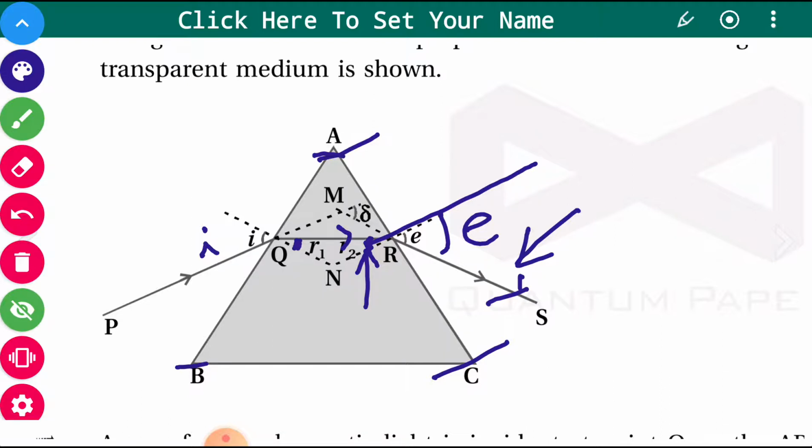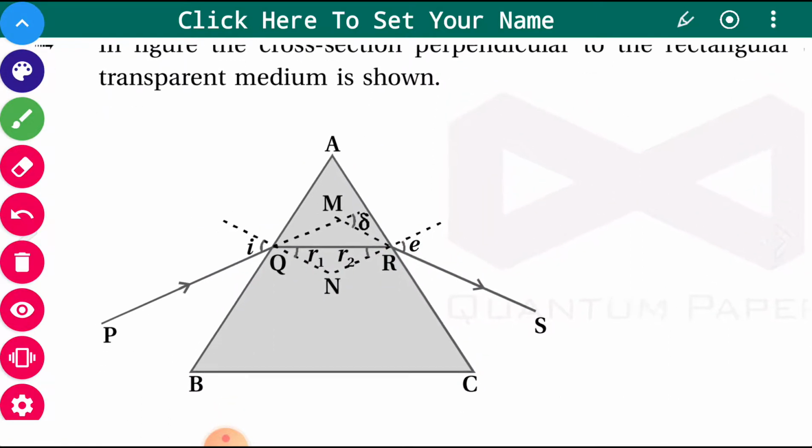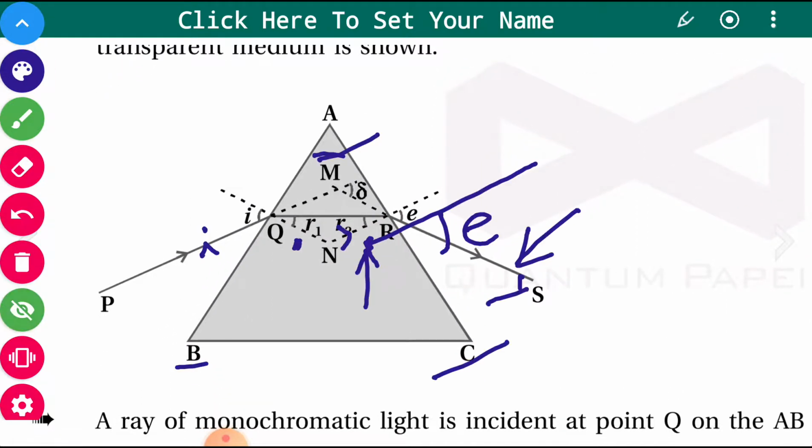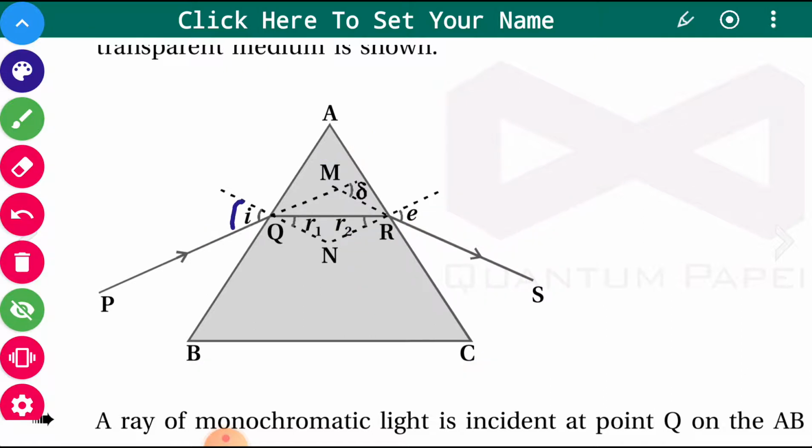So these are the angle of incidence and angle of emergence, which are different angles. At the incident face, this becomes the angle of refraction, while at the emergent face, this angle is the angle of incidence for the AC face.